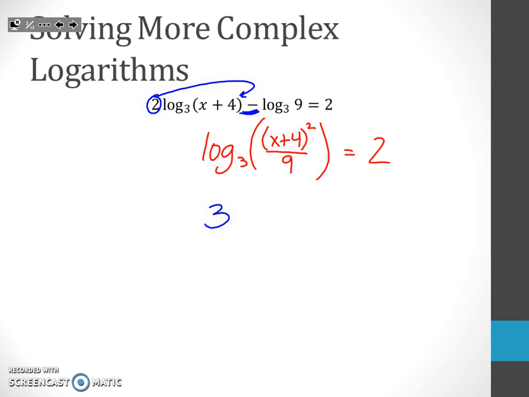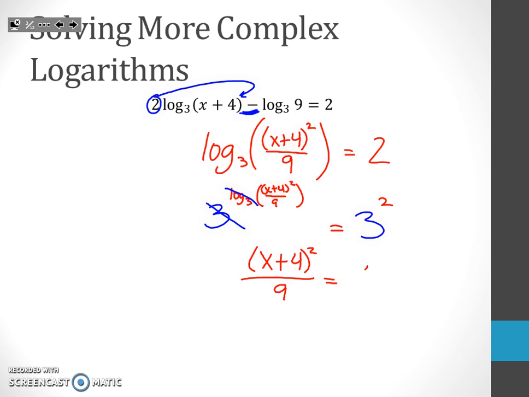So 3 to the log base 3 of x plus 4 squared over 9 equals 3 squared. Okay, so 3 to the log base 3, that's good because those are going to cancel for us. And that means that I am left with x plus 4 squared over 9 equals 9.